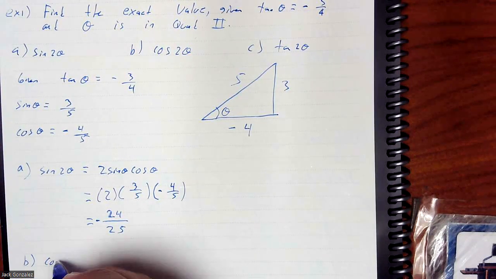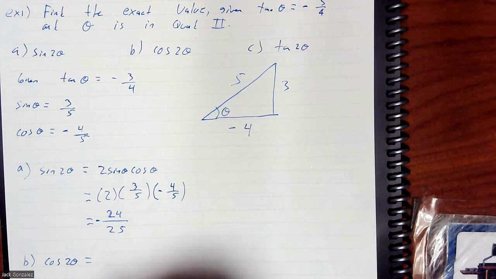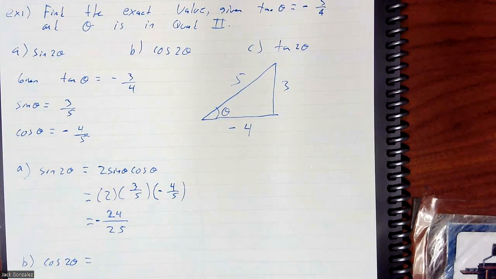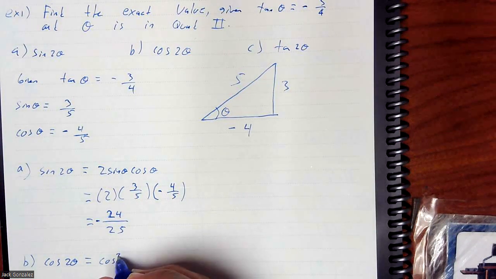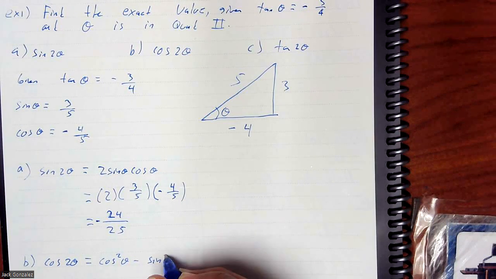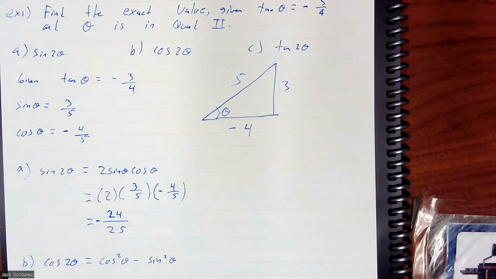Part B, cosine 2 theta. Now, since we found everything, you can choose whatever formula, but it doesn't matter. I'm going to use, I guess, that first one. I just chose it for no reason.